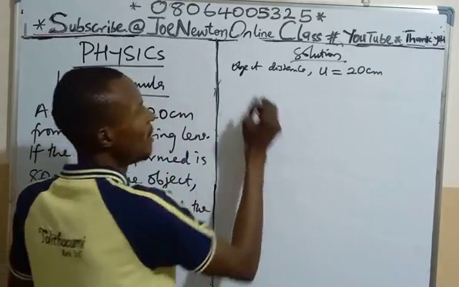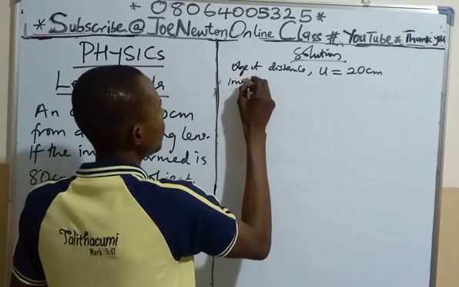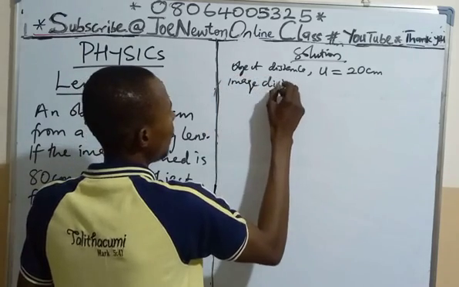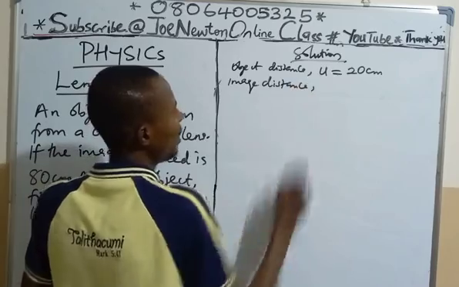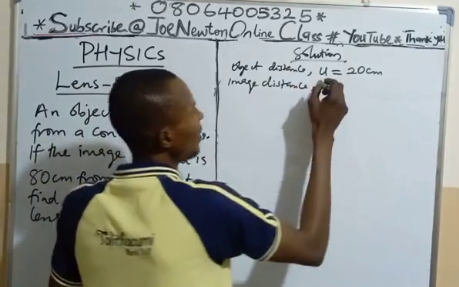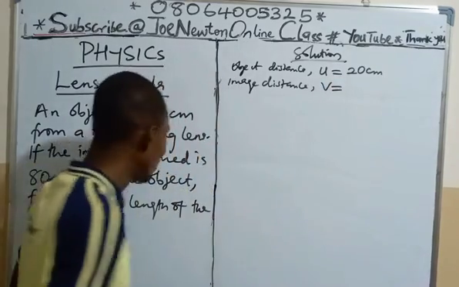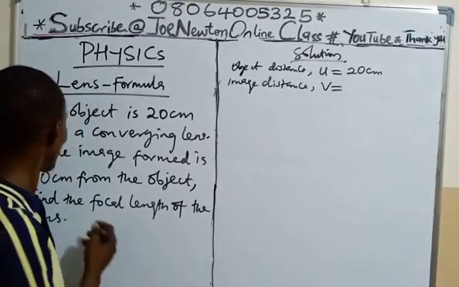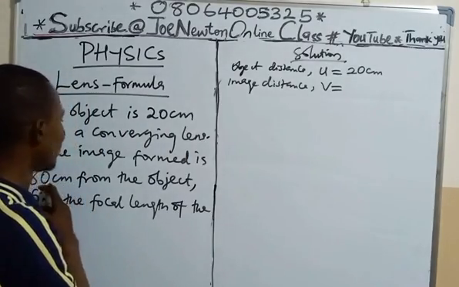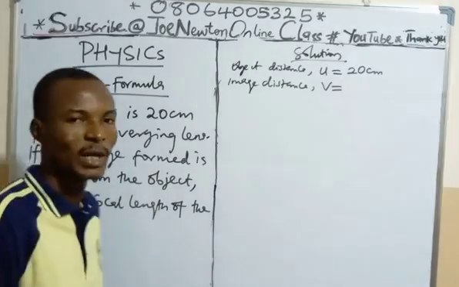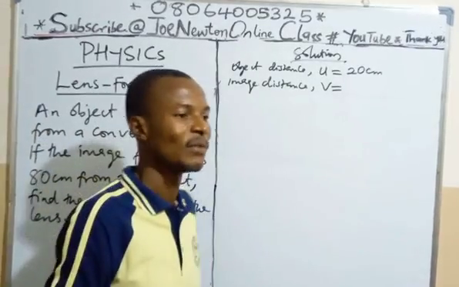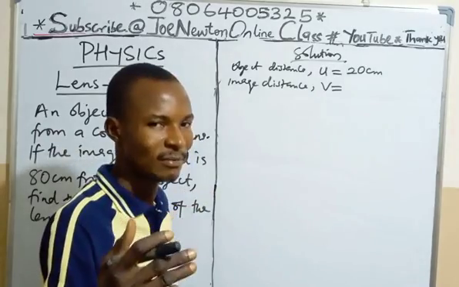Then the image distance, we use V. And we are told that the image distance is 80 cm from the object. Of course, we know that the object distance is the distance of the object from the lens.